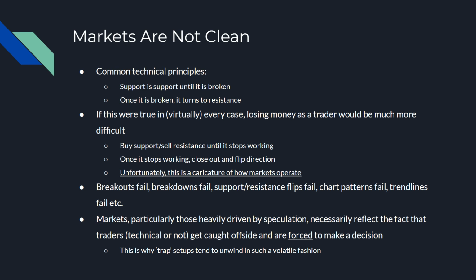That is simply how markets operate, right? And as per the last point, markets that are heavily driven by speculation reflect the fact that traders get caught offside and are forced to make a decision, right? And we'll go into the loose order flow aspect of that in more detail, but this is essentially why trap type setups tend to unwind in such a volatile fashion.